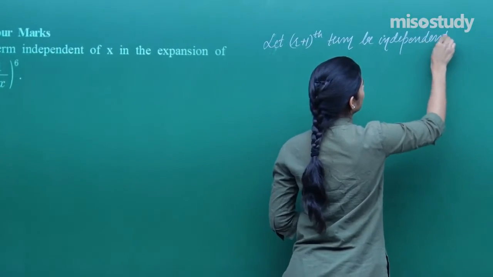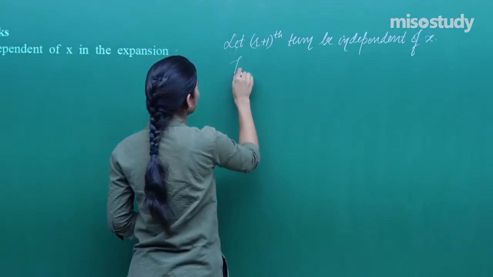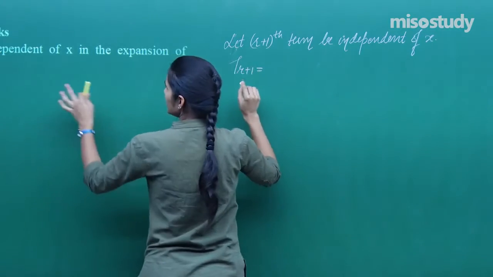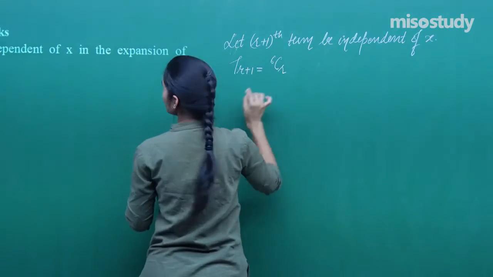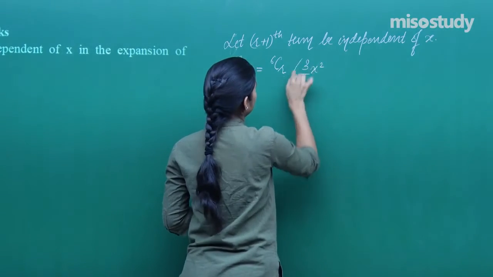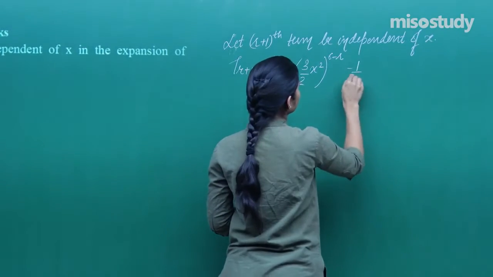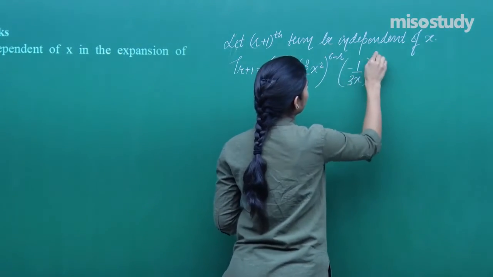Fine. In this expansion, what is the r plus 1th term? It is 6cr, (3 by 2x square) to the power 6 minus r, (minus 1 by 3x) to the power r.